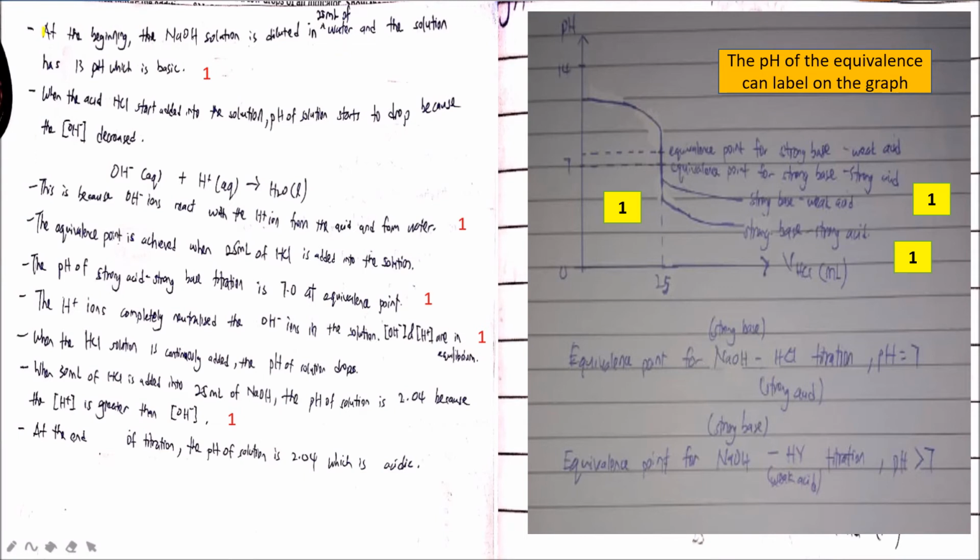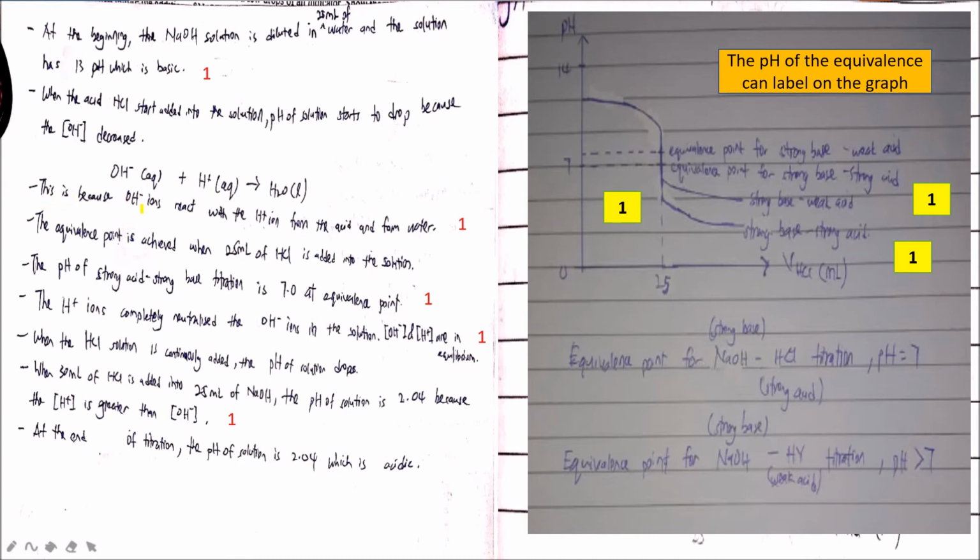So in the beginning, the NaOH solution that is diluted in 25 ml of water, and the solution has 13 pH, which is basic. And when the acid HCl starts added into the solution, pH of solution starts to drop because the concentration of hydroxide ion decreases. This is the equation for acid and base reaction.